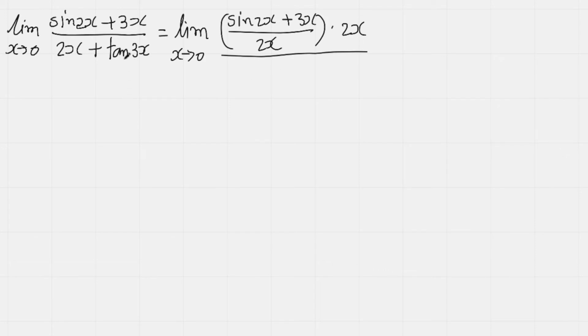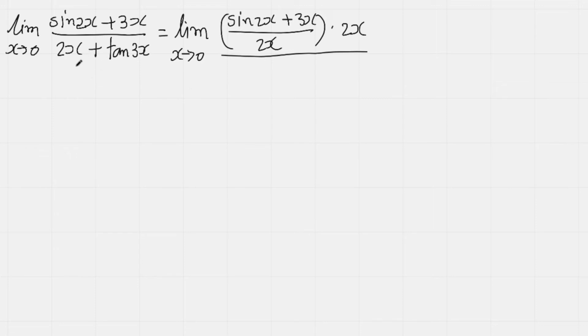In the same way, the angle of tan is 3x. So if we divide the whole expression by 3x, we can get tan 3x divided by 3x. So we can use the formula limit of tan theta over theta as theta approaches 0 is equal to 1.